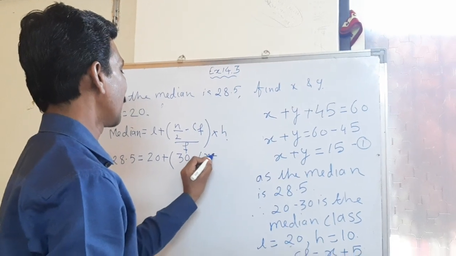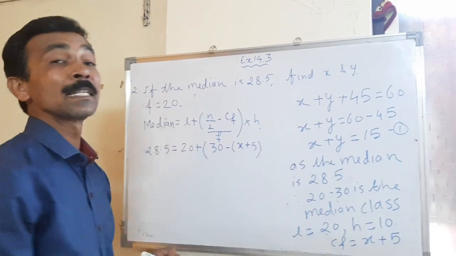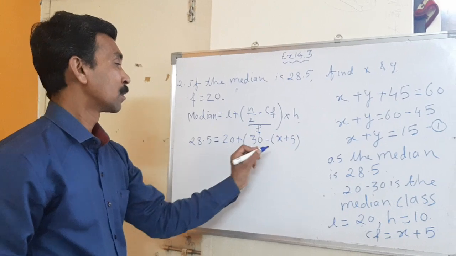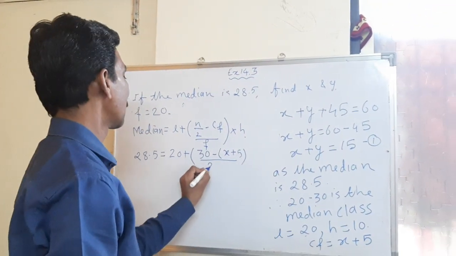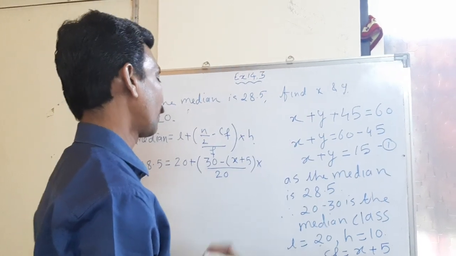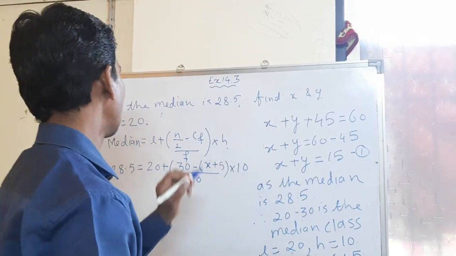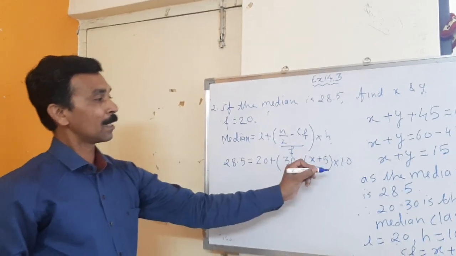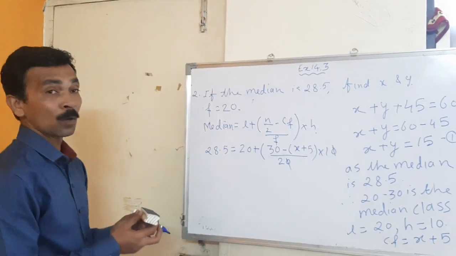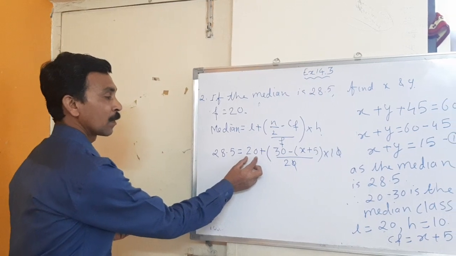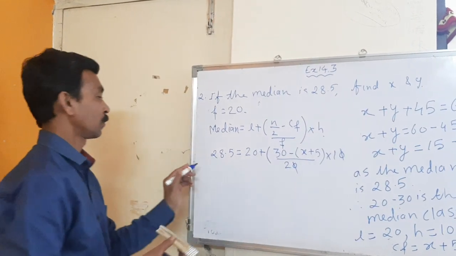Take it in a bracket. If you don't take this in a bracket, your answer will come wrong. Upon frequency, which is 20, into height 10. I'll cut this 0 with this 0. Now I will shift 20 to the left hand side.